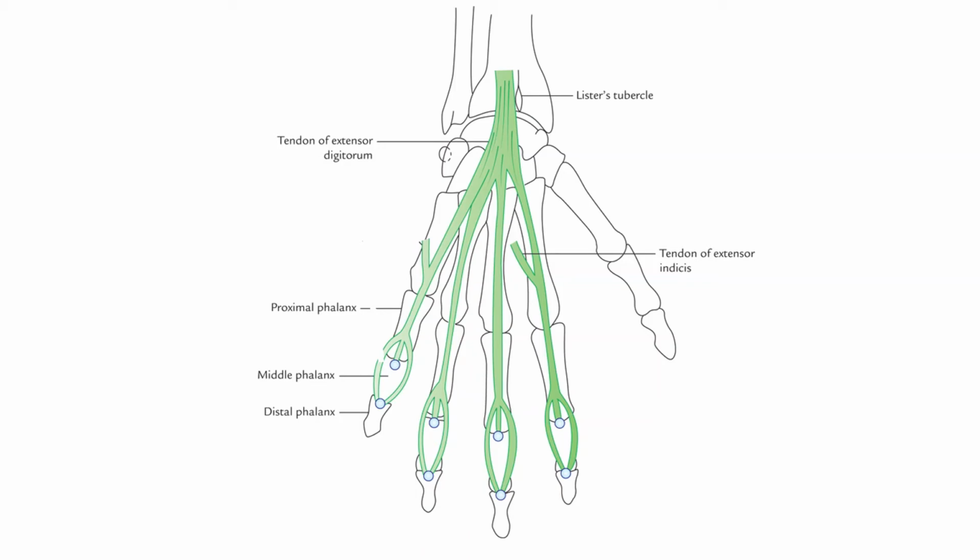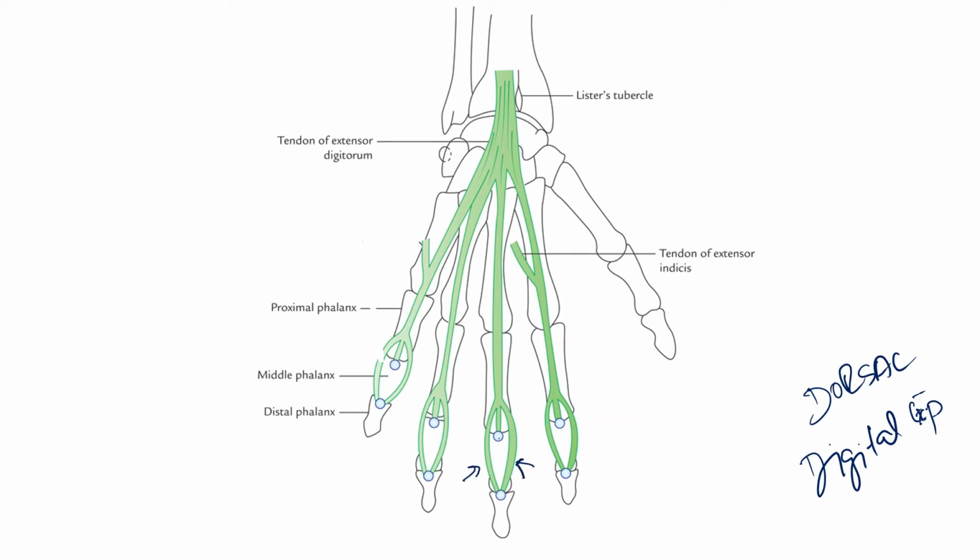Once each tendon crosses the metacarpophalangeal joint, it spreads out into a triangular band to form the dorsal digital expansion. This dorsal digital expansion represents three slips, the median band and the lateral two bands.